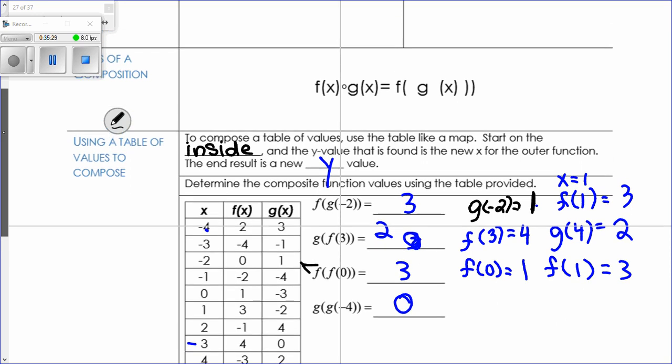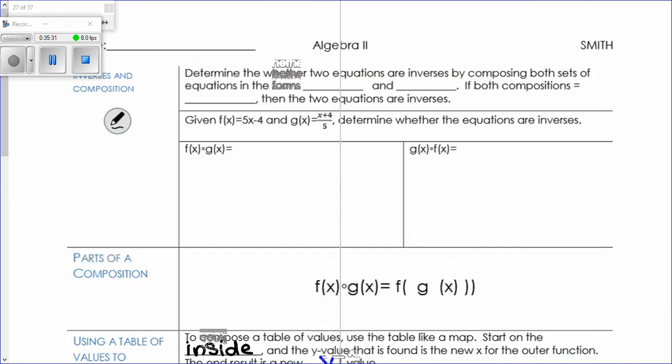All right, we got time for the last one. Determine whether two equations are inverses by composing both sets of equations in the form f of x, g of x, and g of x, f of x.